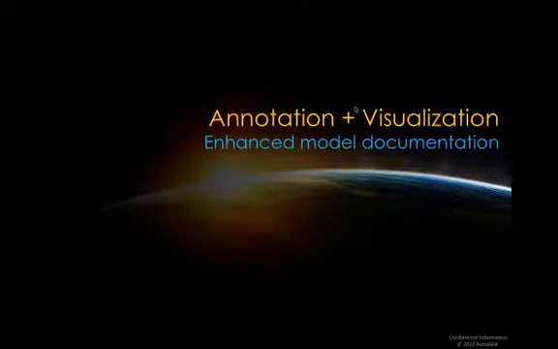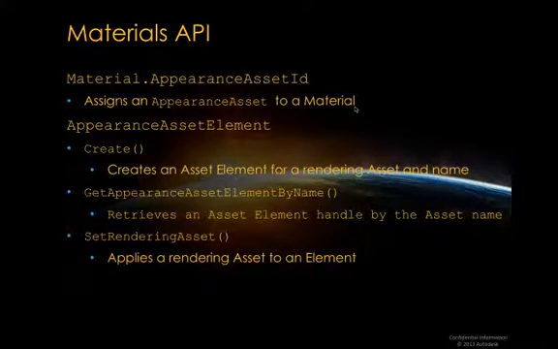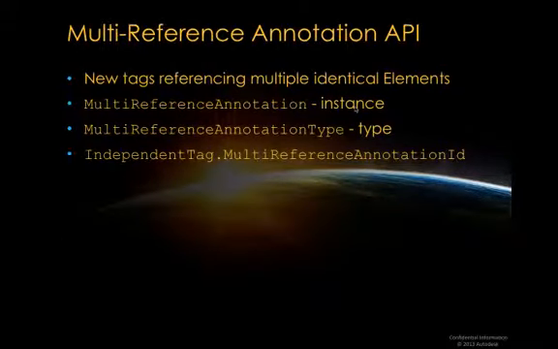The annotation and visualization topics enable enhanced model documentation. The Materials API has been extended. We can now assign an appearance asset to a material, create an asset element for rendering, retrieve assets, and set rendering assets to a Revit element. As I mentioned in the short user interface overview, we have a new multi-reference annotation API.